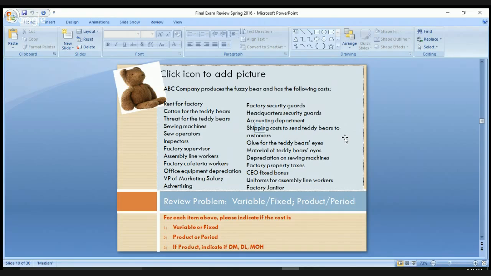Uniform for the assembly workers, that's going to be a variable cost because it's driven by the number of assembly workers. It is going to be a product cost because it is for the assembly workers. And then the factory janitor, that is probably either variable or fixed, depending if he's on salary. It's going to be a product cost because he is working in the manufacturing facility, and it's going to be overhead.